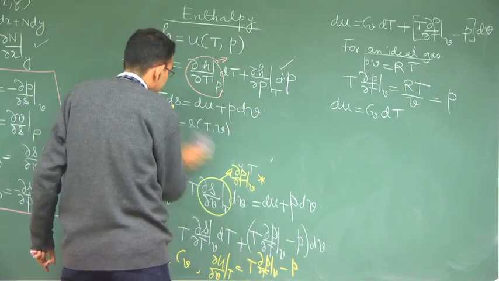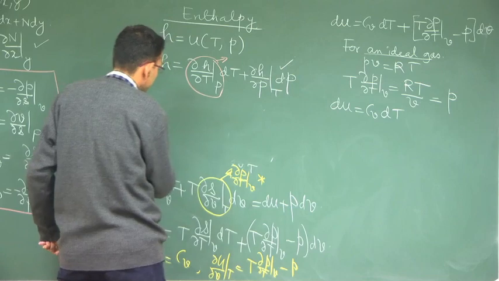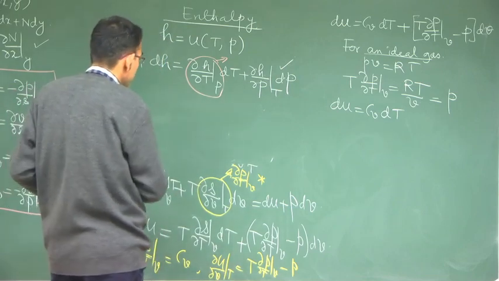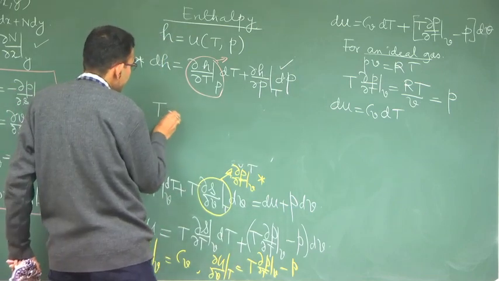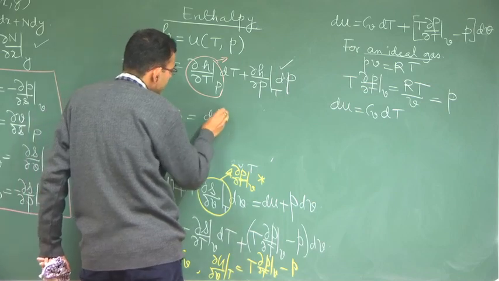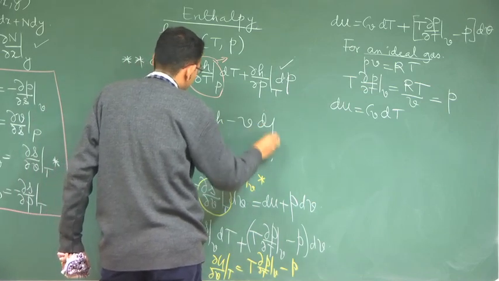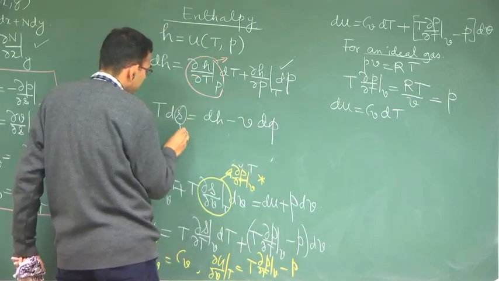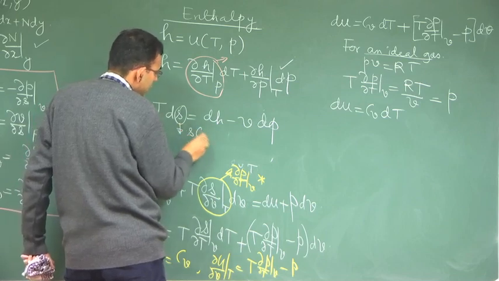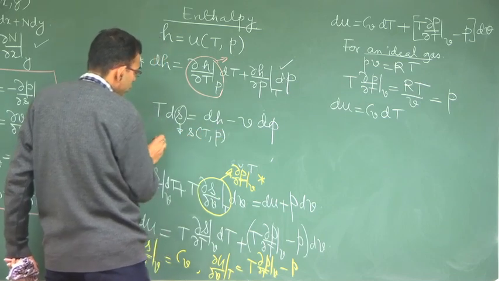Next we will write TdS is equal to dH minus VdP, and this S as a function of T and P. So, dS.